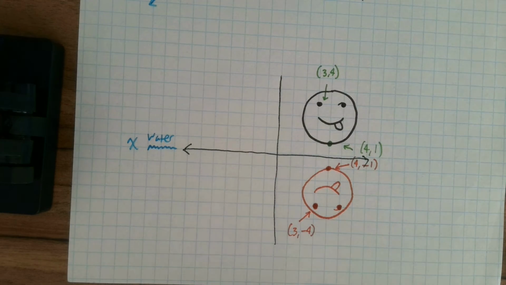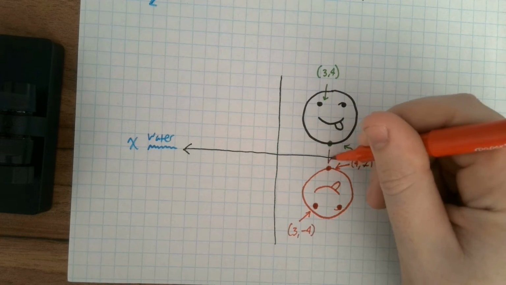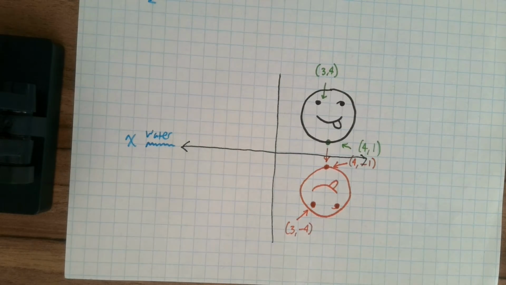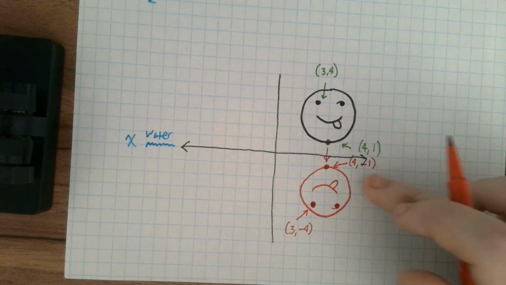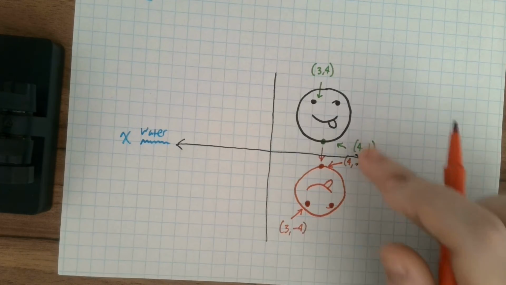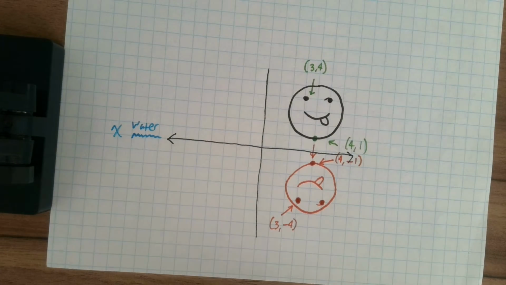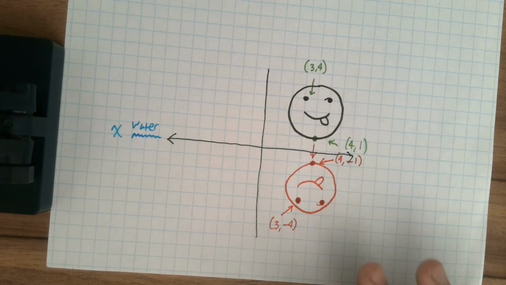What happened? All we did when we went from one of these to the next is we transformed all of the y values into negatives. 1 became negative 1. 4 became negative 4. The x values all stayed the same. So what's changing? Our inputs or our outputs?